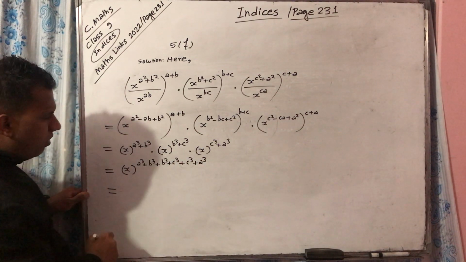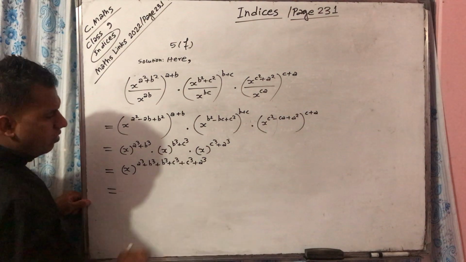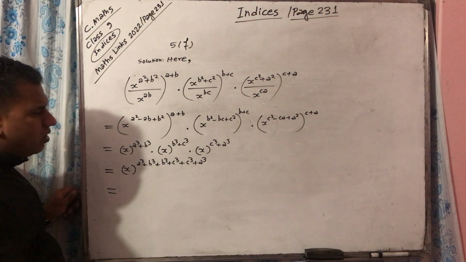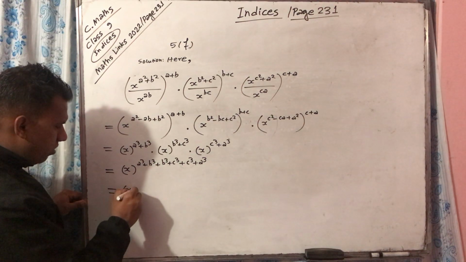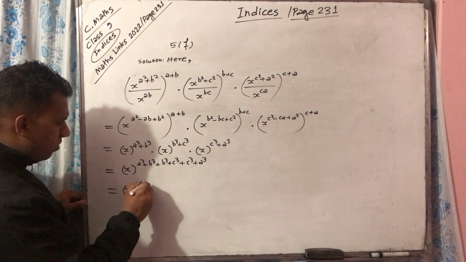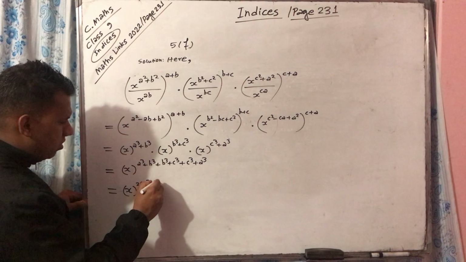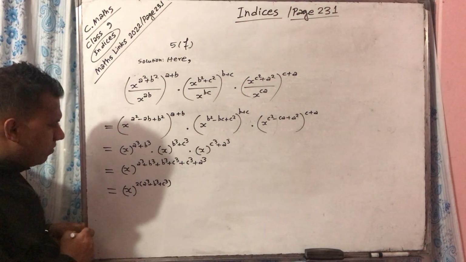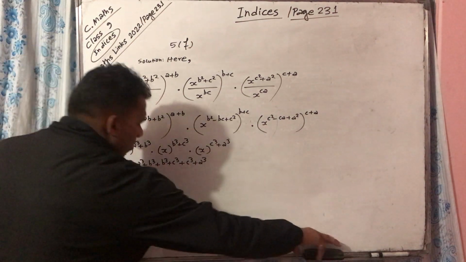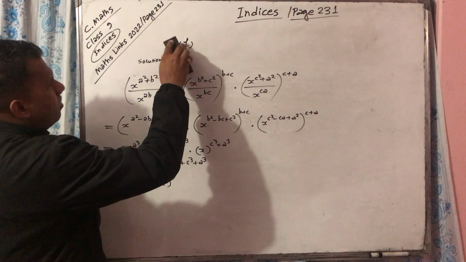So in the power, a cube is repeated 2 times, b cube 2 times, c cube also repeated 2 times. So x to the power 2 times (a cube plus b cube plus c cube). Okay, this is the answer. Now we go to the next question, 5G.